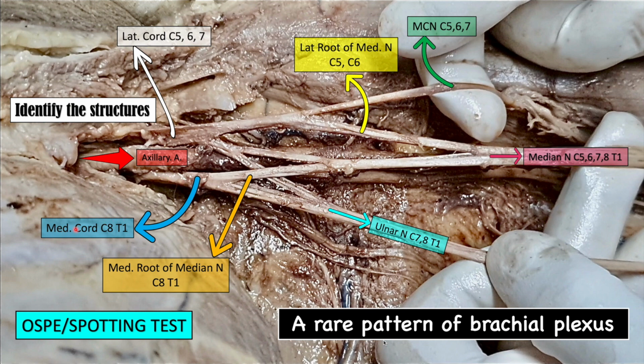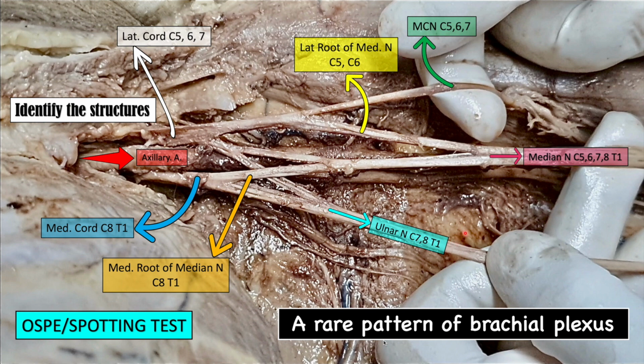That means the medial cord of the brachial plexus provides C8, T1 to the ulnar nerve, but the ulnar nerve's root number is C7, C8, T1. So that means the C7 component to the ulnar nerve is still missing.